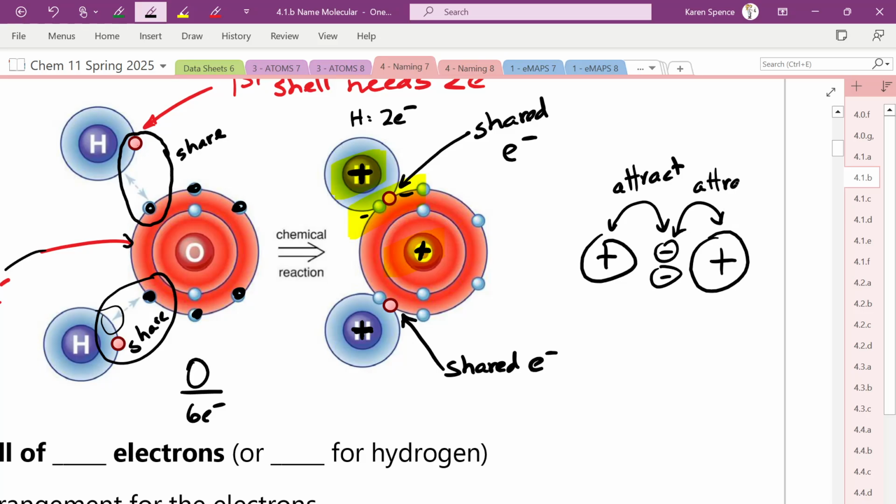Attract. So are these things attracted? Is that a good arrangement? Yes. So this would be the nuclei. Nuclei is the plural of nucleus, and these are the shared electrons. And it's because you've got this positive nucleus and positive nucleus. Normally those two things would push each other apart, but what do we put in between them? Negative electrons, and those negative electrons act like the glue that holds it together.